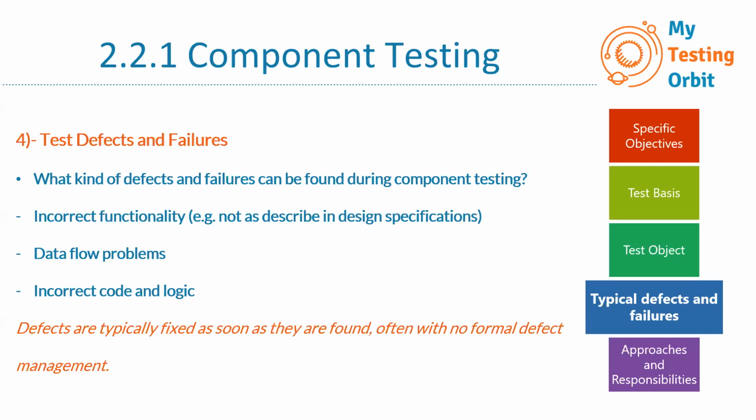For example, someone who registers to an application should be a minimum of 18 years of age, but when I'm writing that if statement where I'm checking the user's age, instead of equal to 18, I'm using any other wrong operator, then of course that will be incorrect logic, and it will end up being incorrect code and will be a defect.